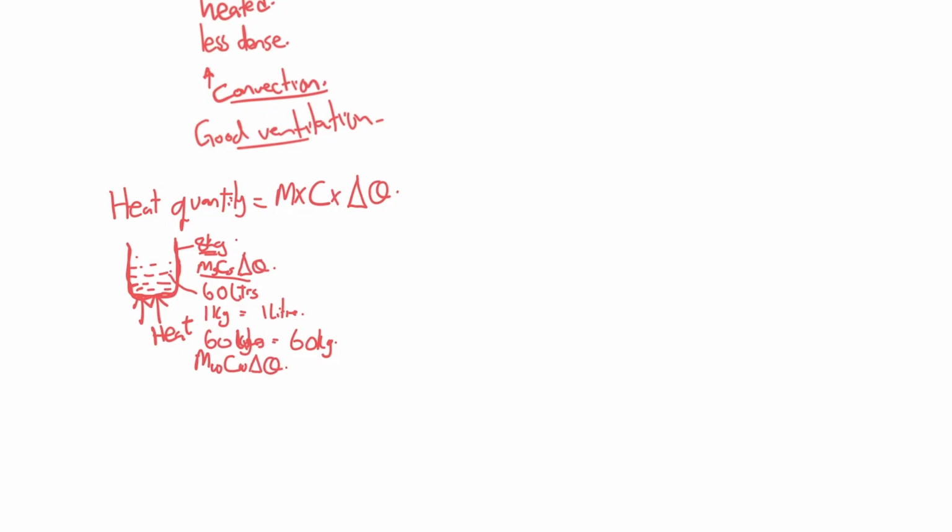Now remember, the initial temperatures of water and the saucepan were 15 degrees Celsius. Now, after heating, the temperatures went to 100 degrees Celsius. What is the temperature change now?